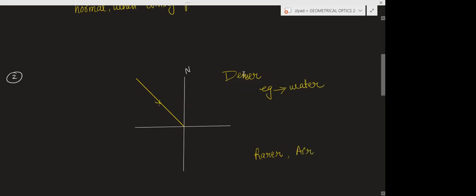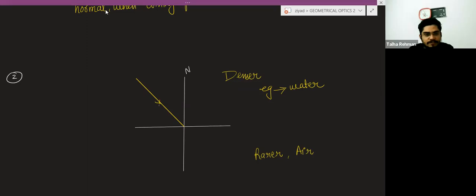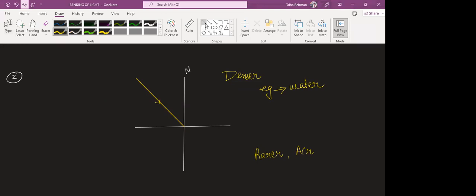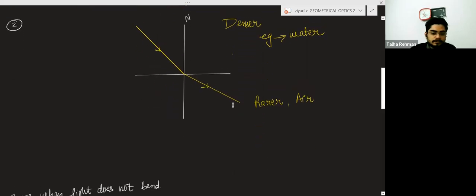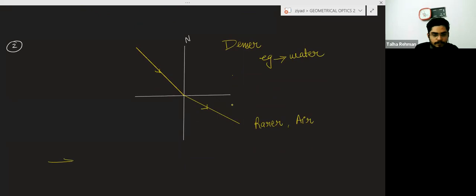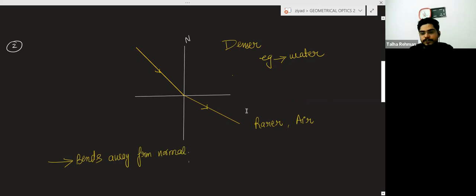So this is the incident ray and this is the normal. This time the light will bend away from the normal, like this. Light bends away from the normal, denser to rarer.